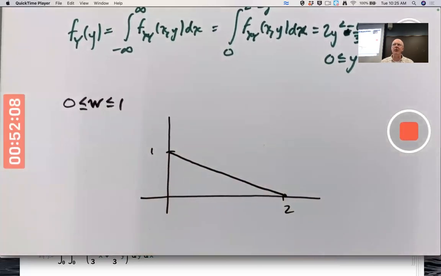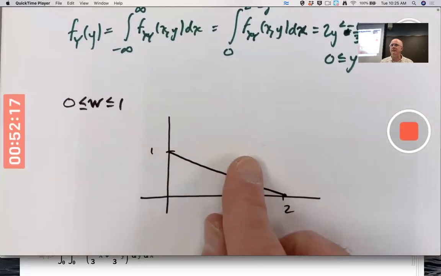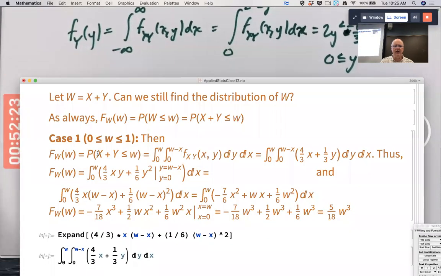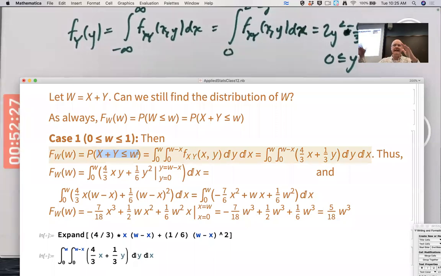However, the domain of integration to figure out the CDF of W is not the entire triangle. The CDF of W is where X plus Y is less than or equal to W. That's completely analogous to the other examples from today and before spring break.